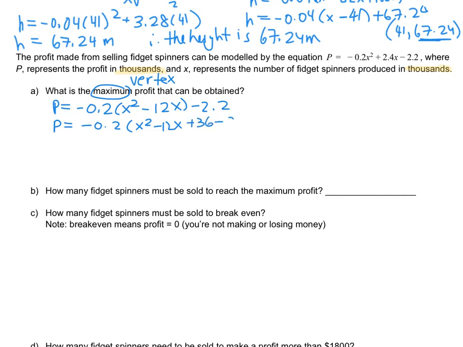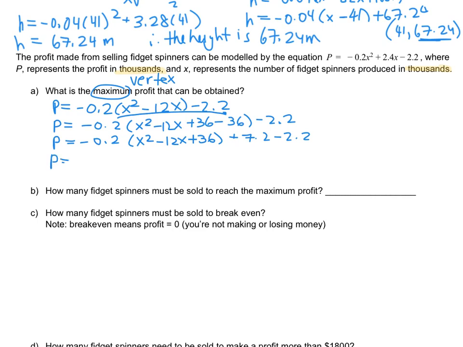Now we're going to add and subtract 36. And then I don't need the negative 36, so I'm going to kick it out by multiplying it by negative 0.2. When I do that, I get a positive number, and it's positive 7.2.